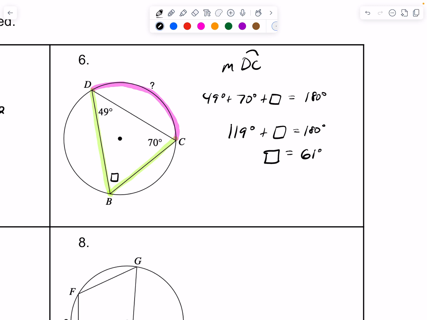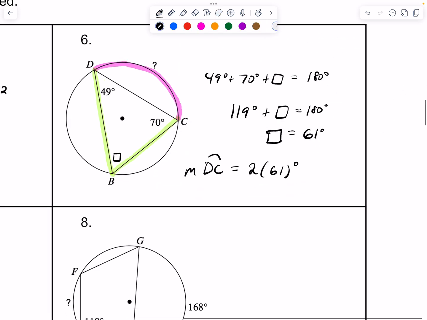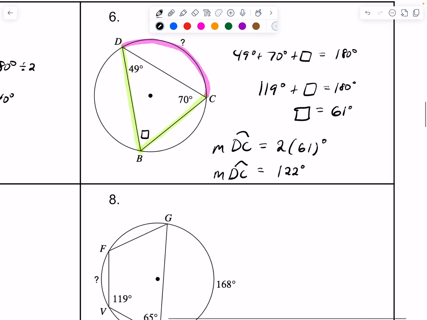But that's not the answer, because the measure of arc DC is going to be double that, so it's 2 times 61 degrees. So the measure of arc DC is going to be equal to 122 degrees. Okay, let's keep going.